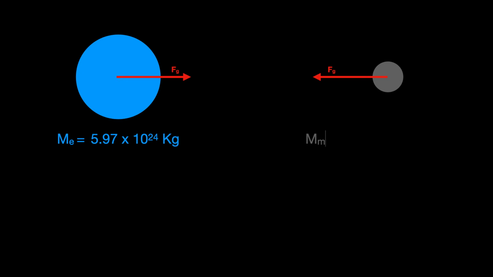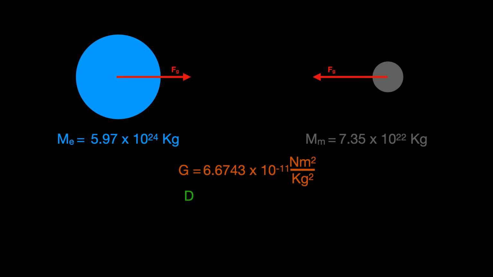The mass of the Moon is equal to 7.35 times 10 to the 22 kilograms. G is always equal to 6.6743 times 10 to the negative 11 newton meter squared divided by kilogram squared, the weird units. And D is equal to 3.84 times 10 to the 8 meters.